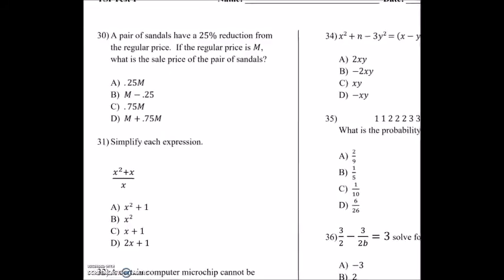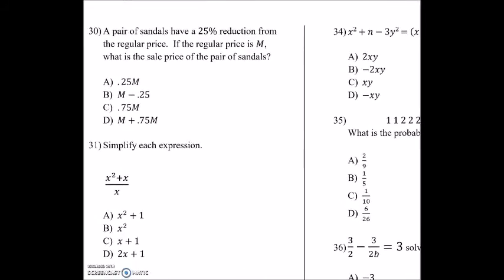Moving on to number 30. Paris Sandals is on sale. They have a 25% reduction from the regular price. If the regular price is M, what is the sale price that you're going to pay? So once again, any percent, change it to a decimal.